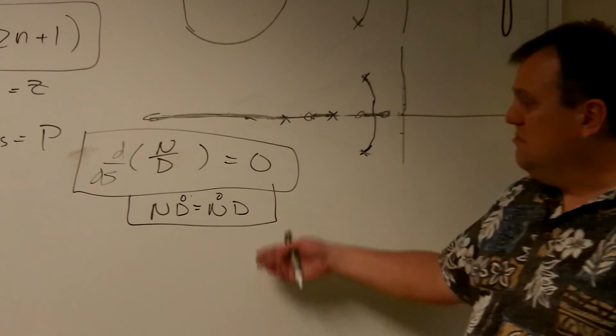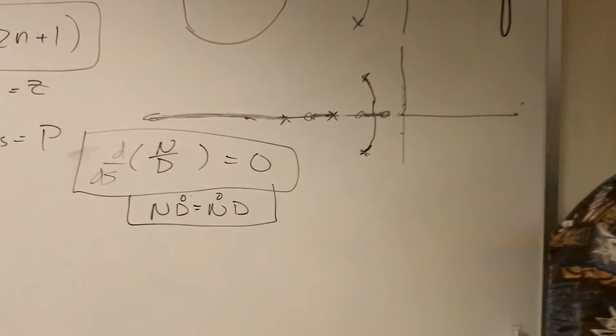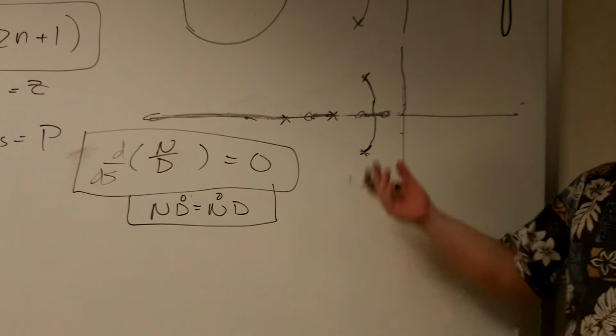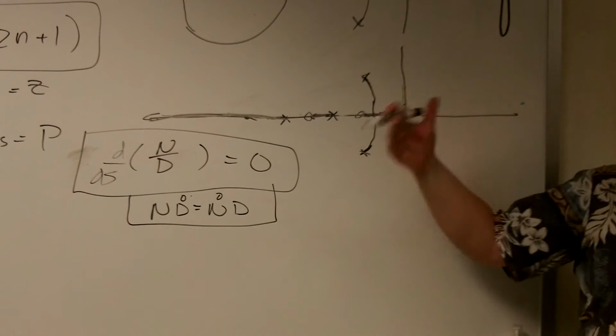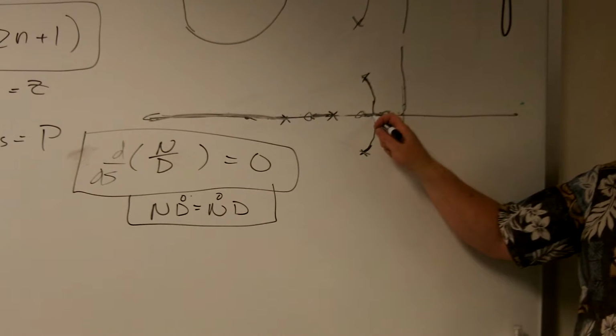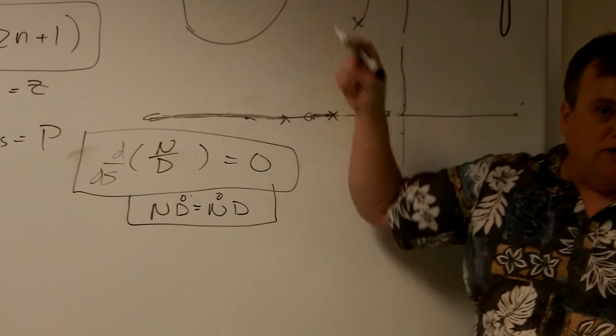But we have a nice, fairly straightforward, I mean, albeit you have to solve another stupid polynomial to find points, but I can get the points where this can happen. If it's on the real axis, you mark it, and that's where something is going to either, in this case, break in, or if it's between two of these, it's a breakaway.